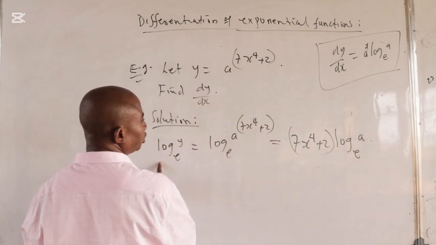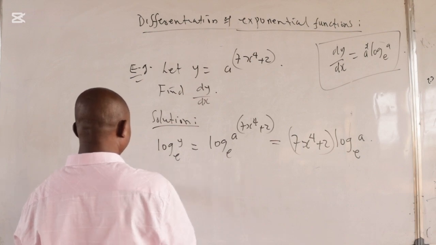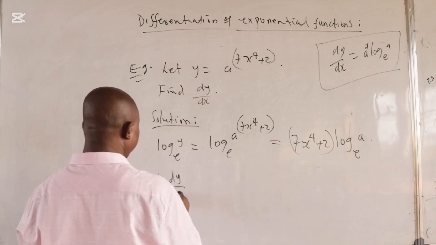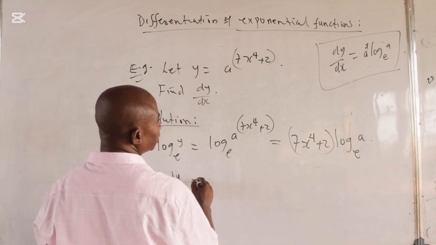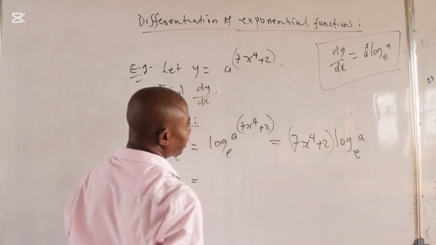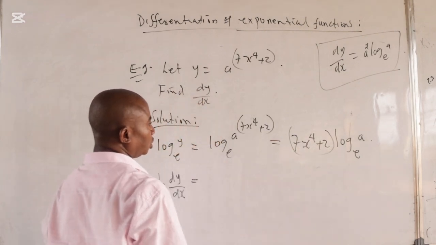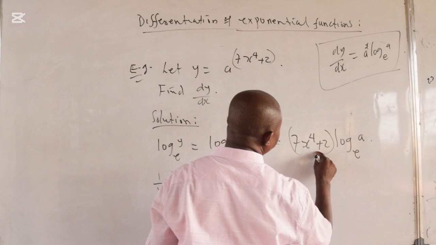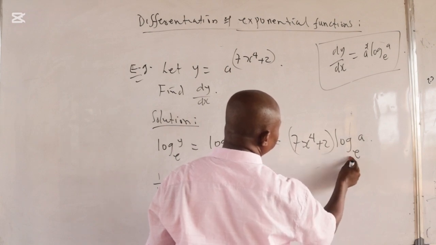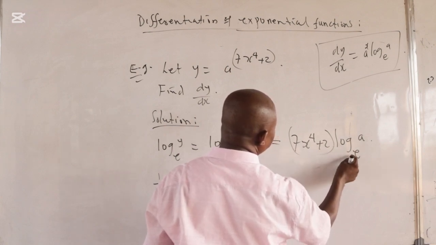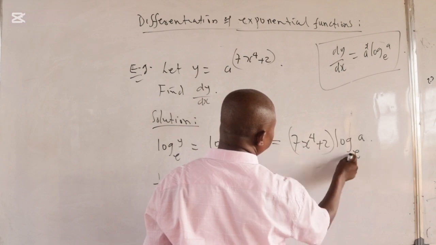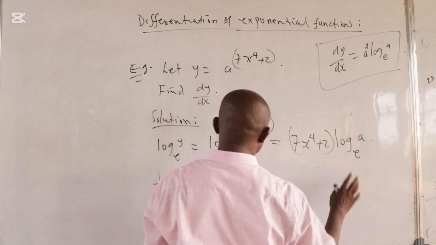Again, when we differentiate both sides, we have 1 over y dy by dx on the left hand side is equal to differentiating this right hand side, applying the product rule. We will differentiate this, keep this constant, plus we keep this constant and differentiate this. That's the product rule.